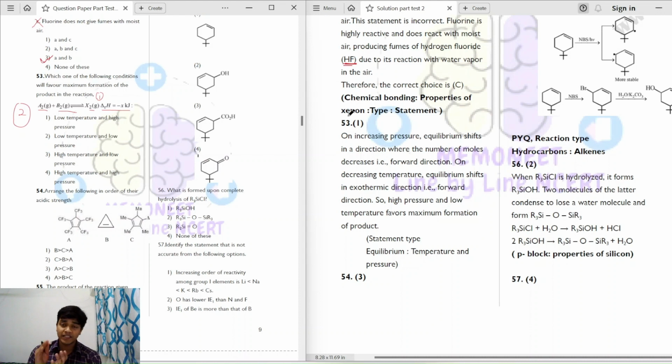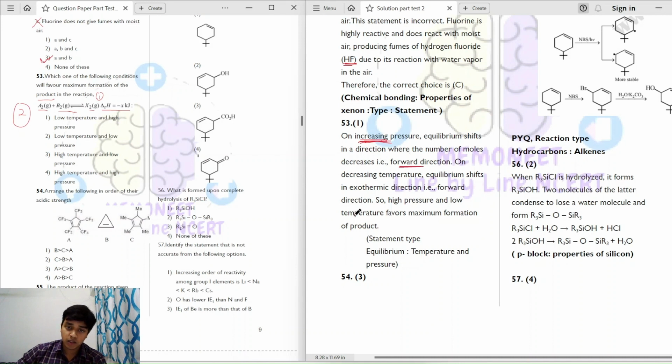So when we increase the pressure, the equilibrium will shift in the direction where a lesser number of gas moles is present. We need more formation of the product, right? So if we increase pressure, the reaction will move towards the product side, in the forward direction.